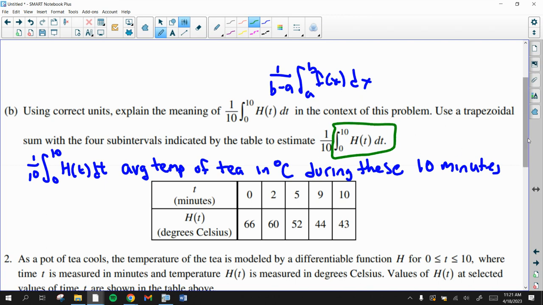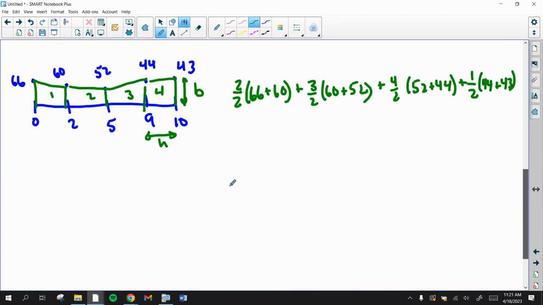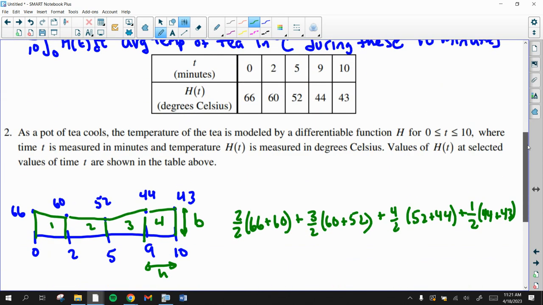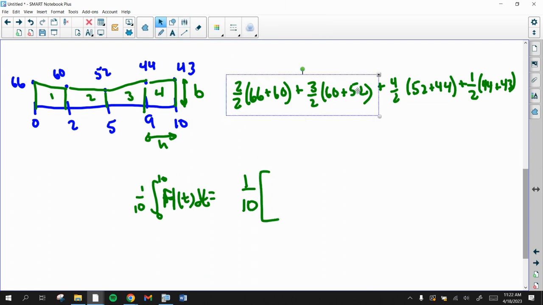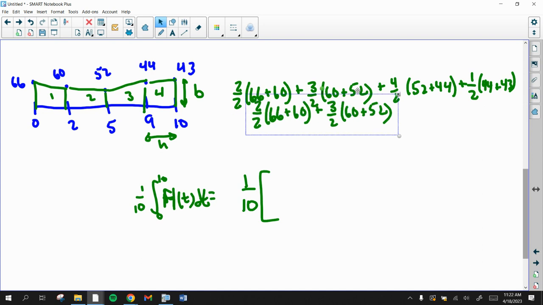We need to find the average value. So the average value of h of t would be 1 over 10 times this.